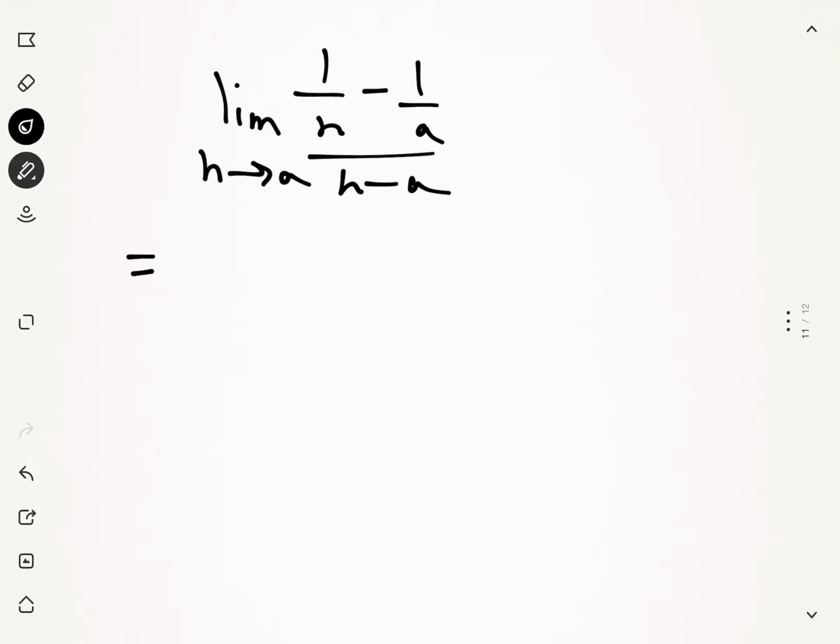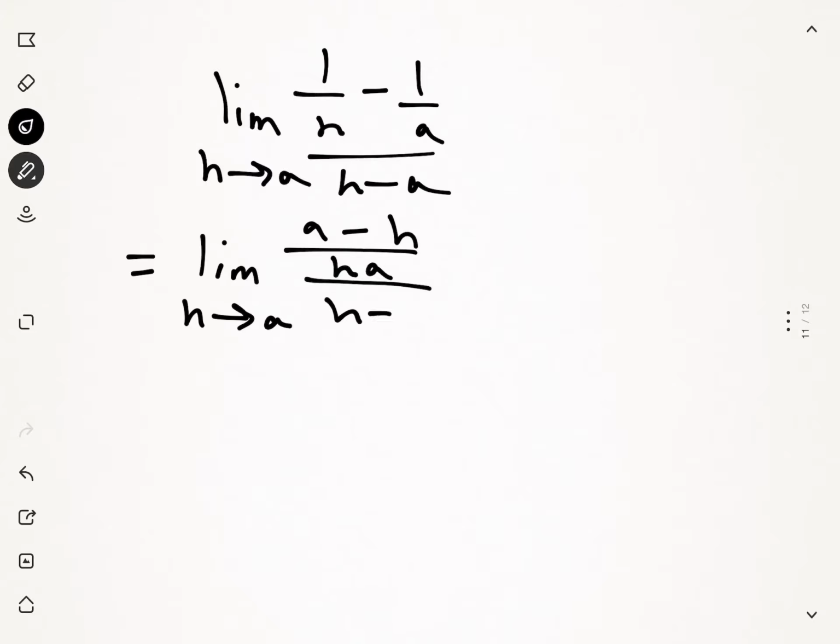All right, so let's get started. So we're going to use our cross multiplication technique. So h times a, we get ha. A times 1 is a, minus h over h minus a. Still have to simplify.